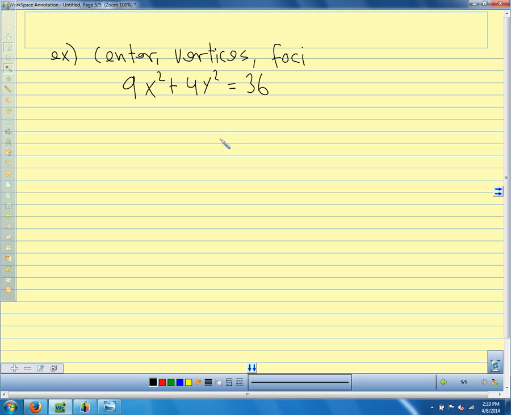What do we need to do here to figure out our center, our vertices, and our foci? Juwan says let's divide by 36. We want to write it in standard form. In standard form, we always have the x squared and y squared stuff on one side, and a 1 on the other side of the equation. So divide by 36, and we're going to write it in standard form.